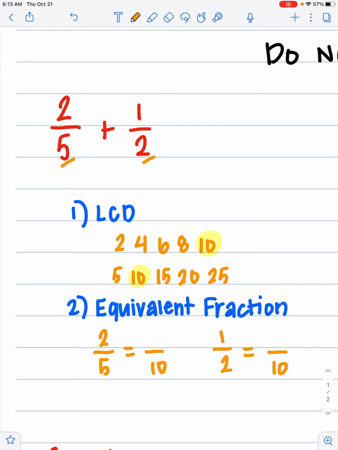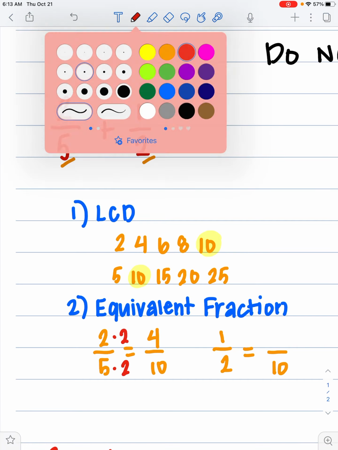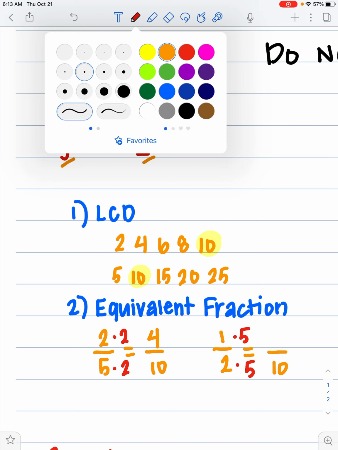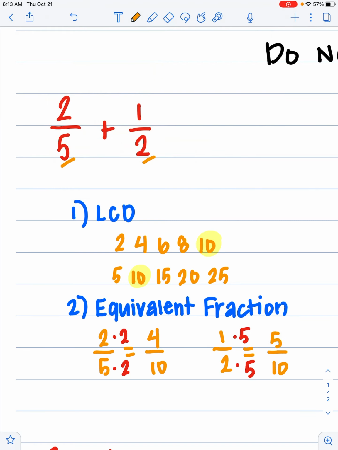So we know that we can multiply 5 times 2 to get 10, which means we also need to multiply 2 times 2 to get 10, and we end up with 4/10. And with 1/2, we know that 2 times 5 is 10, so we'll also multiply the numerator times 5, and we end up with 5 over 10.